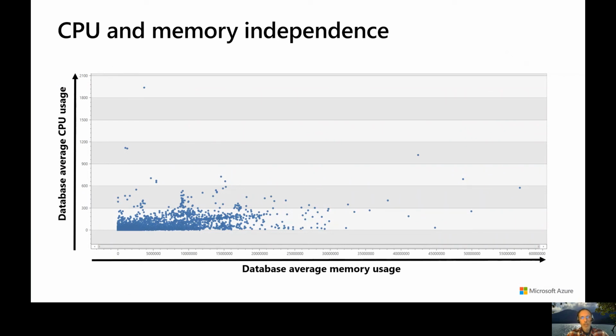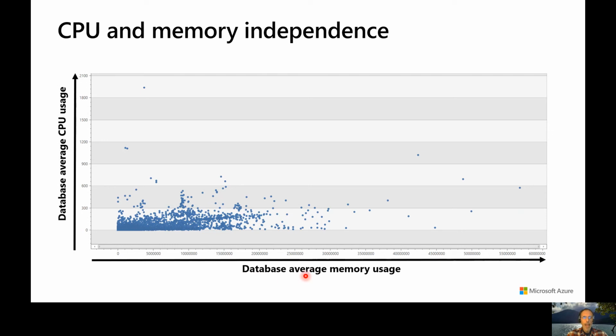So when we set out to design serverless, we wanted to pay special attention to the relationship between CPU and memory usage. What I'm showing here is a scatter plot of individual databases. Each point in the scatter plot is an individual database.